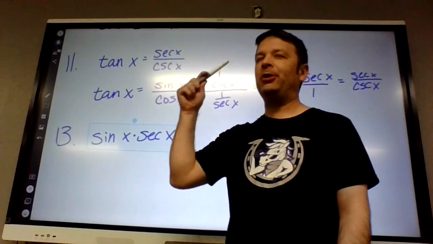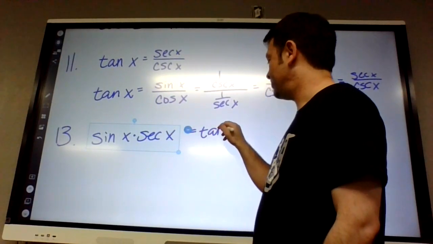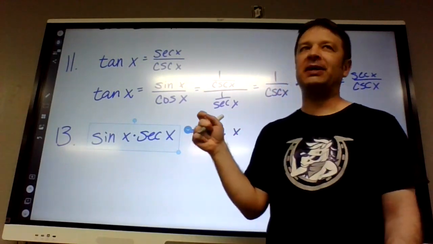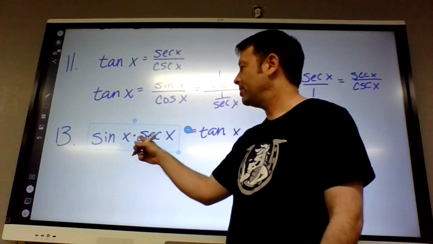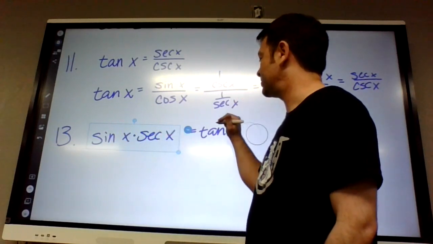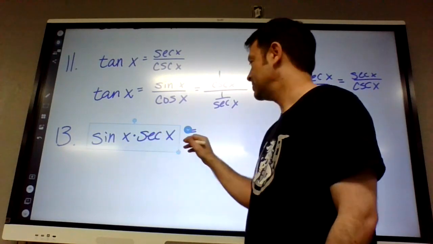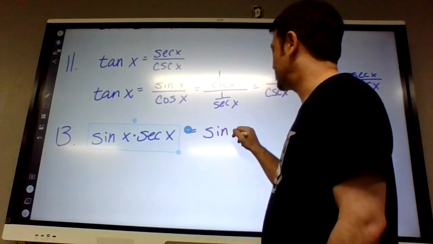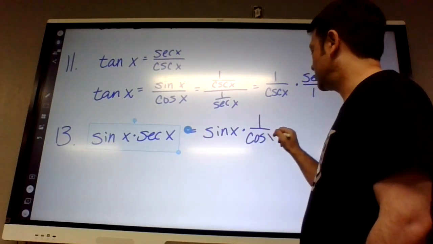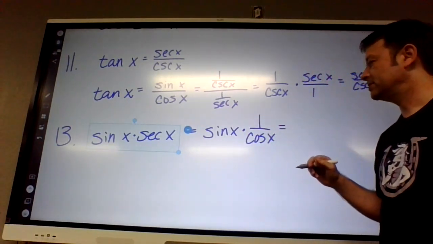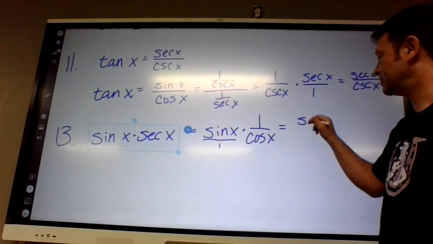So I'm trying to get this to equal tangent, and I'm remembering tangent is sine over cosine, right? So I already have a sine here. Well, guess what secant turns into? 1 over cosine. So this one's really quick. This turns into sine of x times 1 over cosine. And what's sine of x times 1 over cosine?